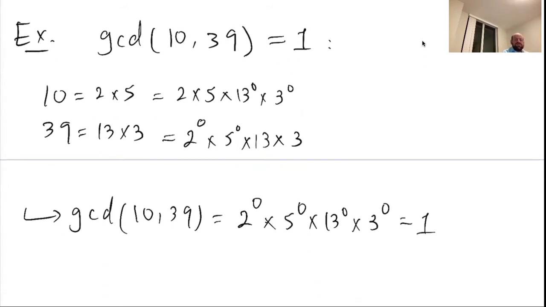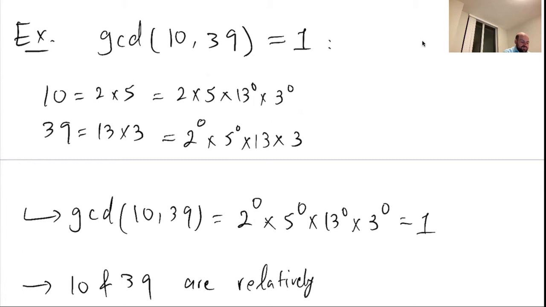And if the GCD is 1, that means 10 and 39 are relatively prime. If the GCD is 1, the numbers are called relatively prime.